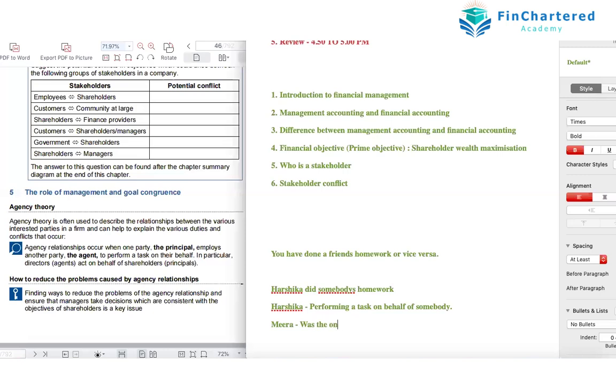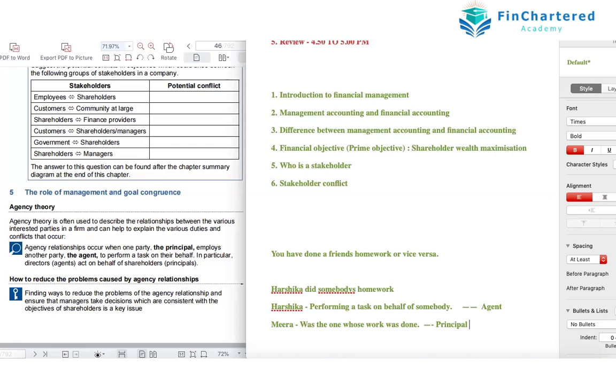Meera was the one whose work was done. Here, Harshika, the one who is doing work on behalf of somebody else, is the agent. So Meera has agents who will do her homework for her. And Meera is known as the principal.